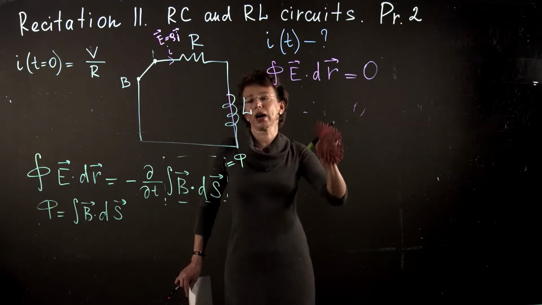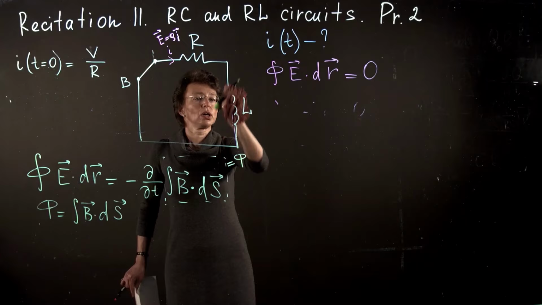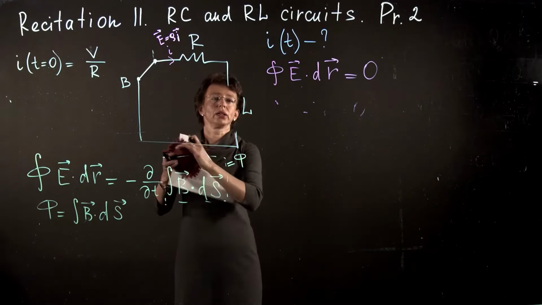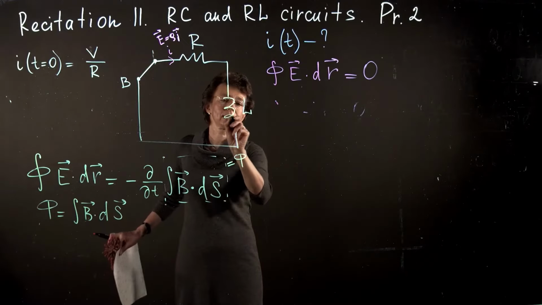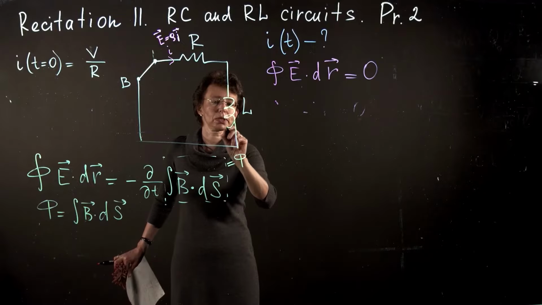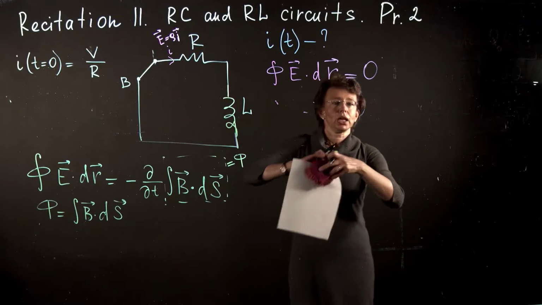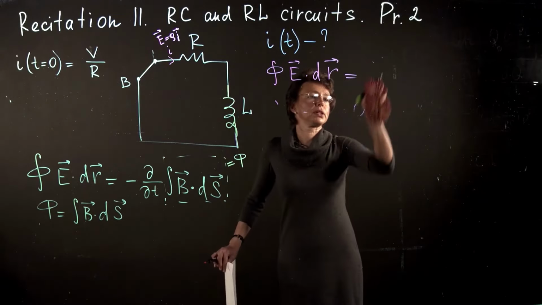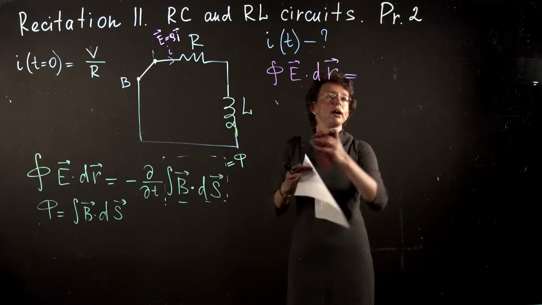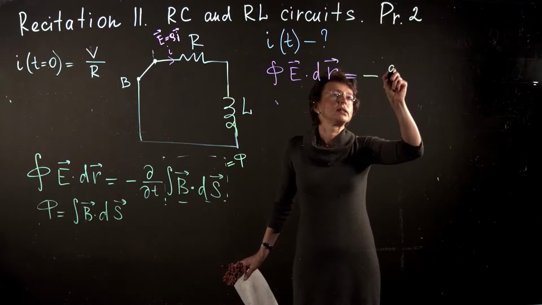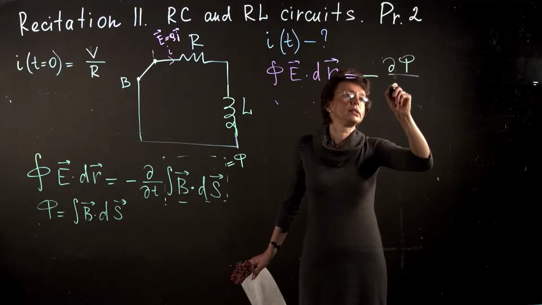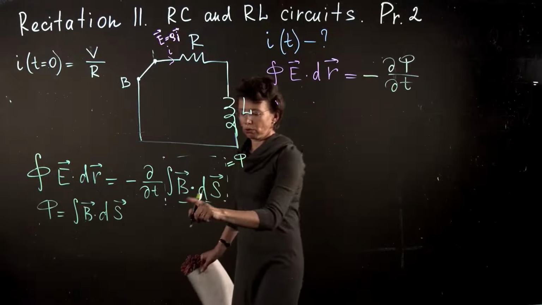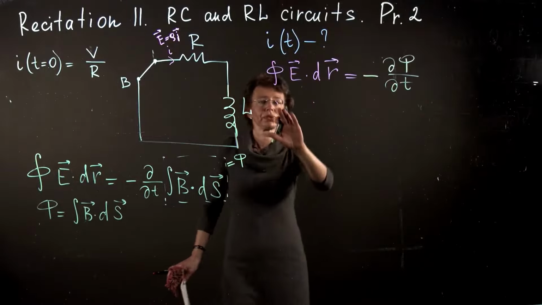We have now a non-zero right-hand side of Faraday's law. We still have our inductor here. And instead of 0, we have minus d phi dt, the changing flux of the magnetic field.